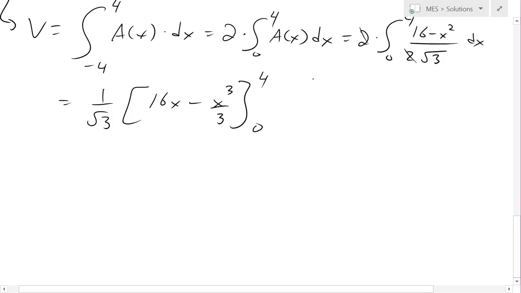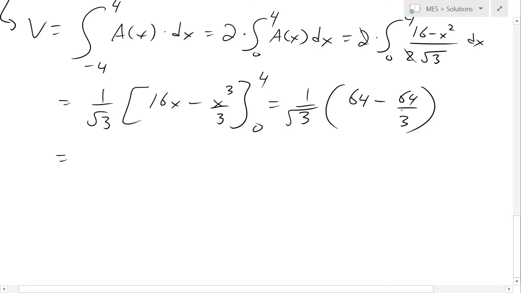So now we plug in 4, and we plug in 0, it just cancels and becomes 0. So that's why it's simplified instead of having to deal with this -4. So now when we plug this in, this will be 1 divided by square root 3 times 4 times 16, well 2 times 16 is 32, times that again by 2, that's 64, minus, now plug this in here, so 4 times 4 is 16, times 4, 64, divided by 3.